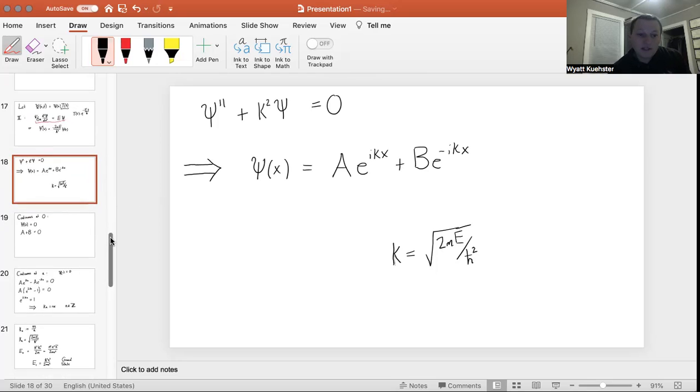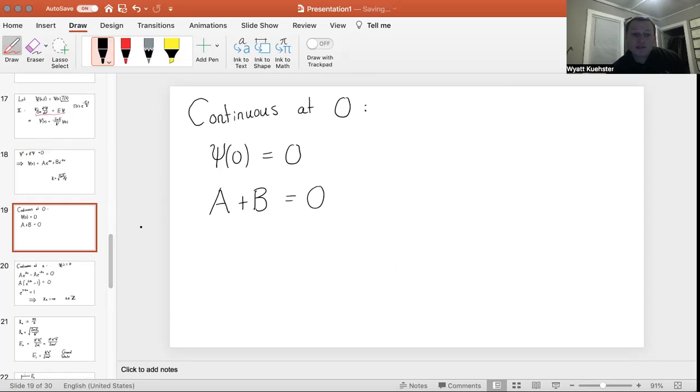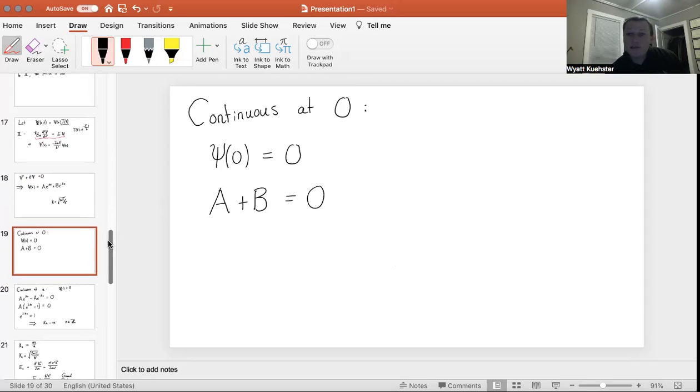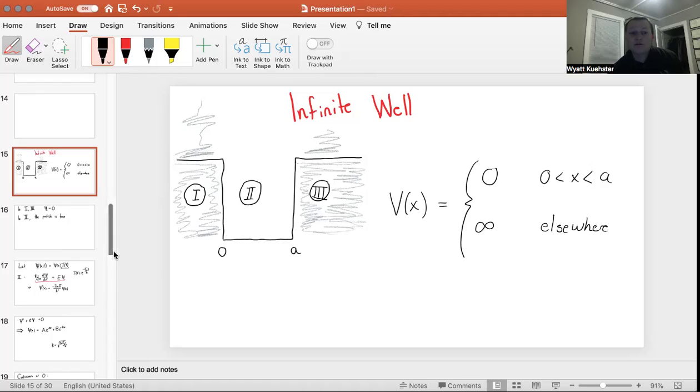And then to get the particular solution, we just use the boundary conditions, which are the constraints on the wave function. Since the wave function is supposed to be continuous, it's got to be continuous at the boundary of region 2, which is at 0. Since the wave function is 0 in region 1, it's got to be 0 at the edge of region 2 as well.